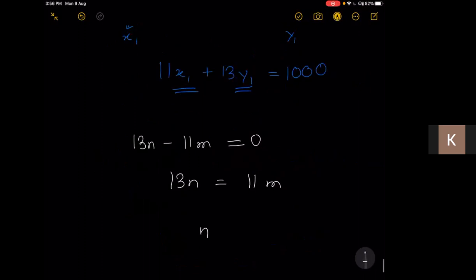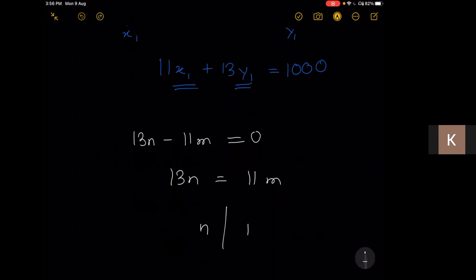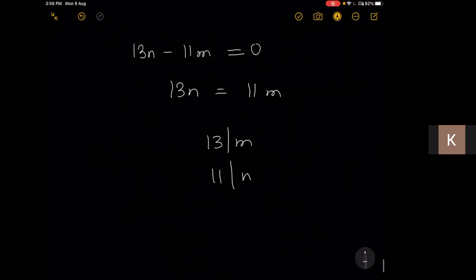So 13 divides m and 11 divides n, right? Yes, because 11 and 13 are primes. So they are relatively prime also.